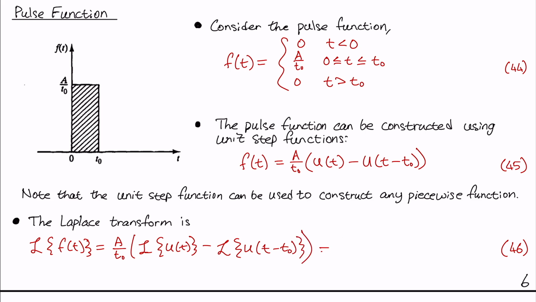And we'll find that this is equal to A divided by t0 s times the quantity 1 minus e to the minus t0 s.